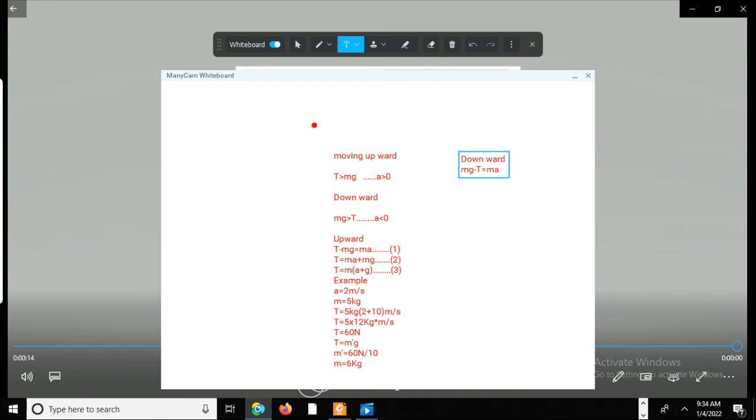So here tension is equal to mg minus mass times acceleration. This is 2. Again, tension is equal to mass times g minus acceleration.